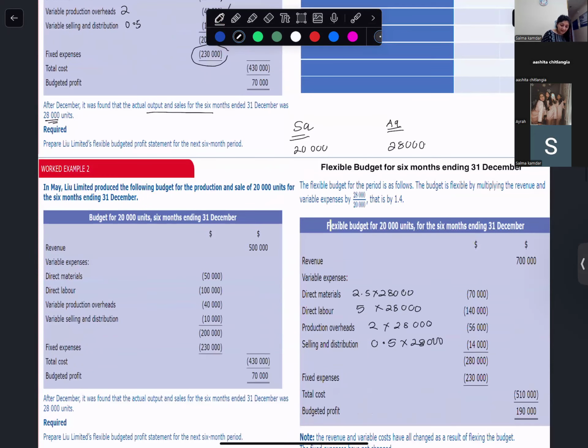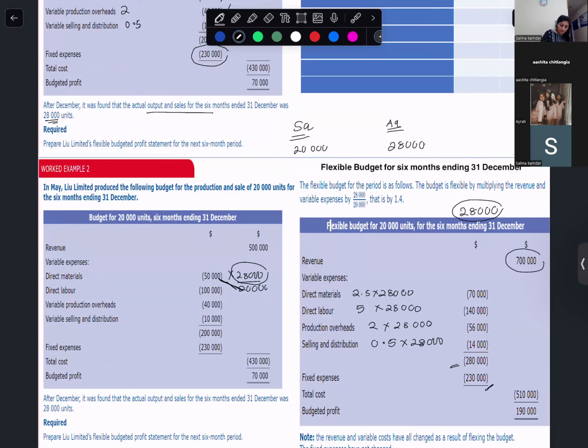So this would be your variable expenses. Remember, you are flexing your budget to 28,000 units. So whatever is your expense, you divide it by 20,000 to get the per unit figure and multiply it with your number of units. Your fixed expense would remain the same.